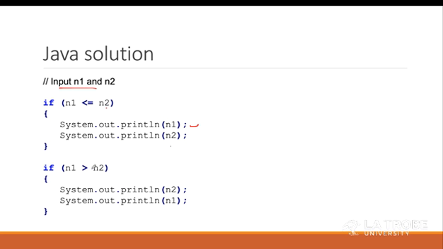If n1 is greater than n2, which means n2 is smaller, then print out the smaller number, which is n2, first, and then n1. Now again, let's say n1 is 10 and n2 is 6.